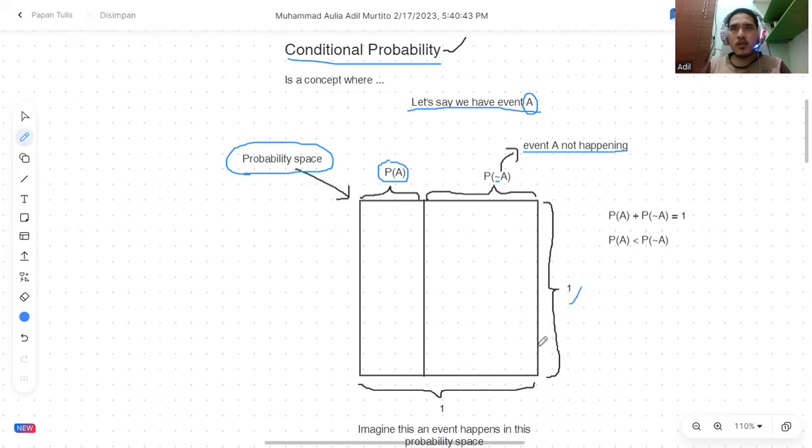The length and the height would be one, and of course this plus this is equal to one. According to the picture, P(A) is less than P(¬A).